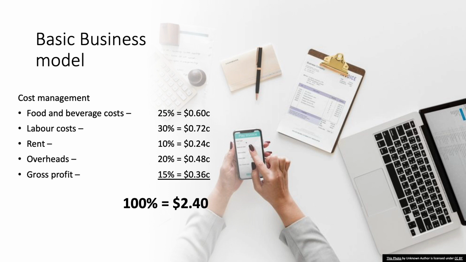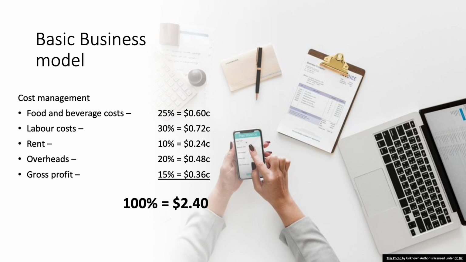If we apply the banana bread exercise to that basic business model, you can see the cost of the banana bread is 60% there at the top. And using the mathematics, we would say that the 30% equals 72%, rent would be 24%, and overheads would be 48%.